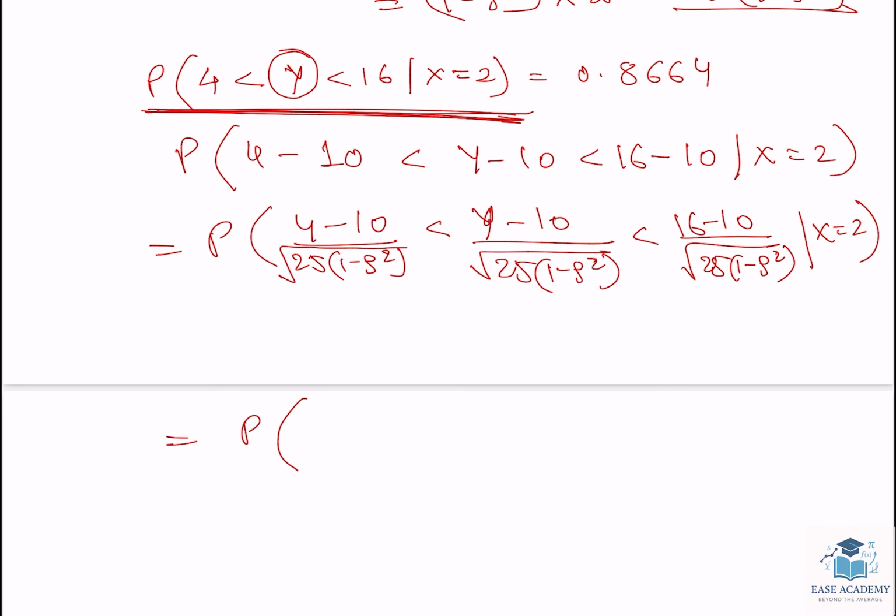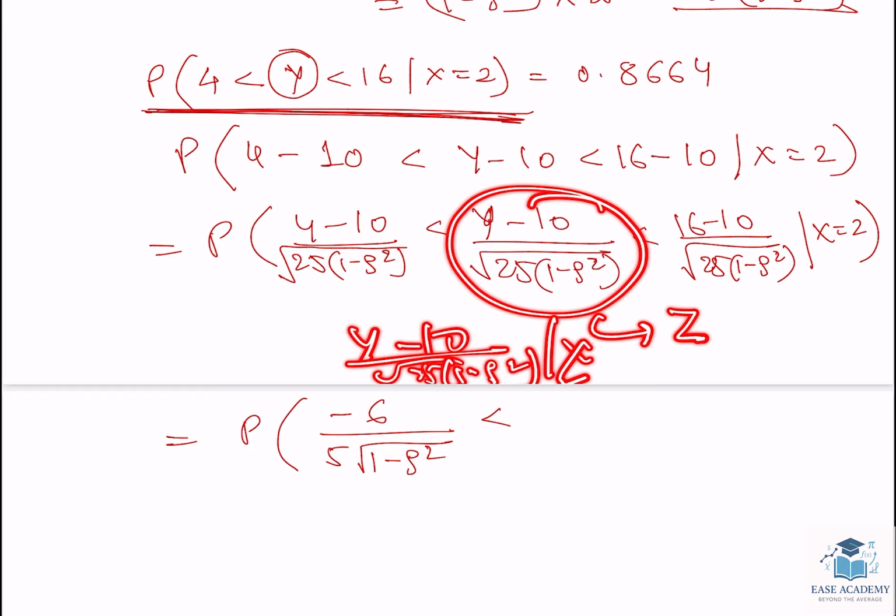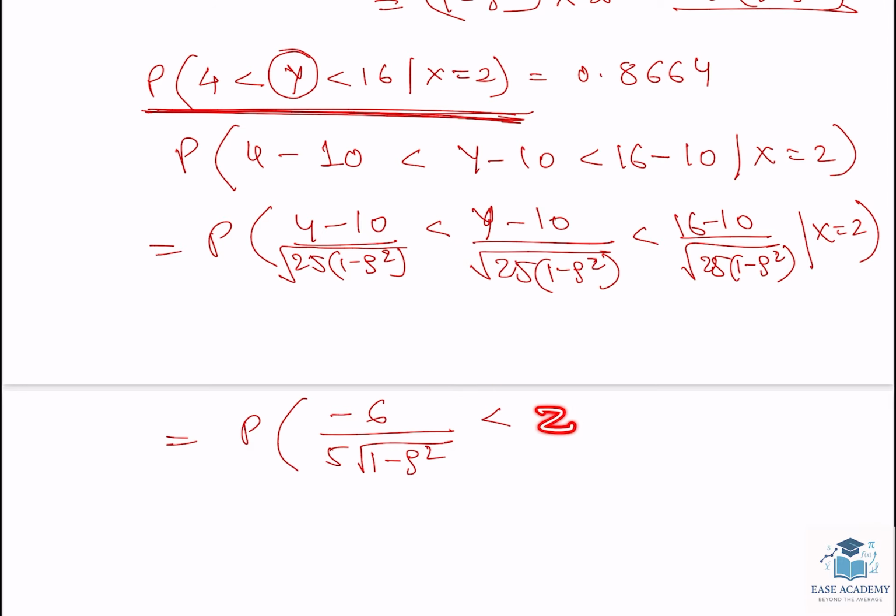Root of 25 is 5. We can take this quantity, (Y minus 10) by root of 25 (1 minus rho squared) given X, as following a standard normal, so take it as Z. We write it as Z less than 6 by 5 root of 1 minus rho squared.